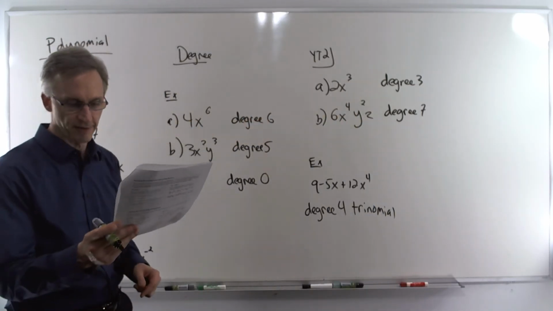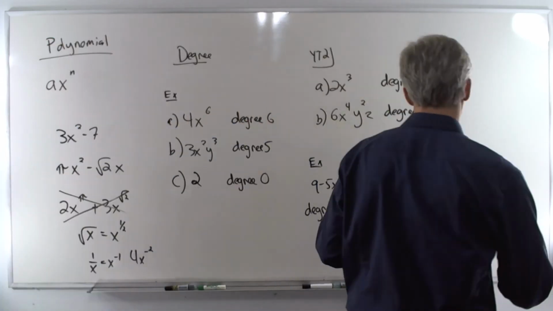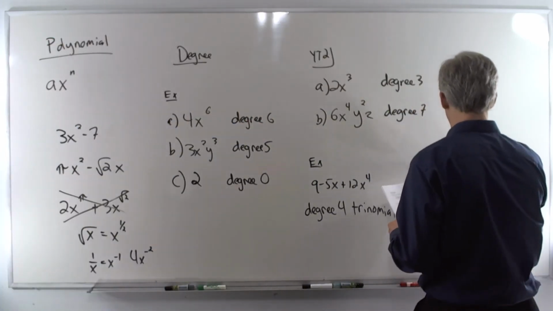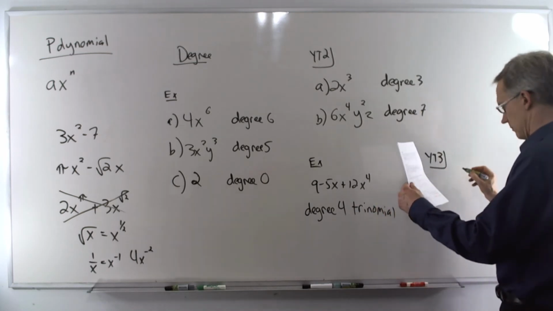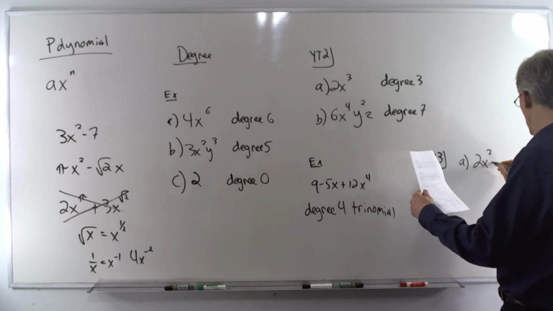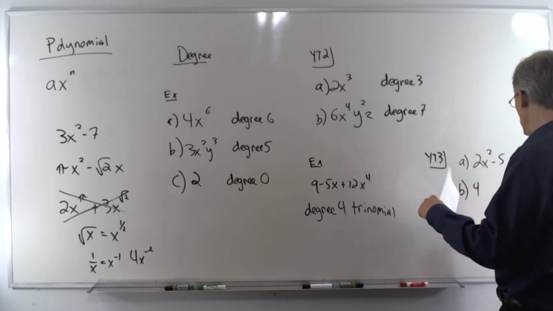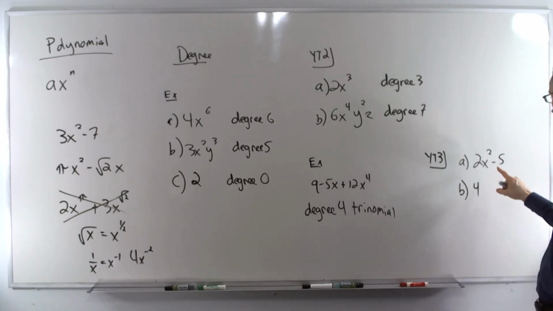Go ahead and classify the two polynomials in your turn number 3. All right, first one, we've got degree 2 here and degree 0.